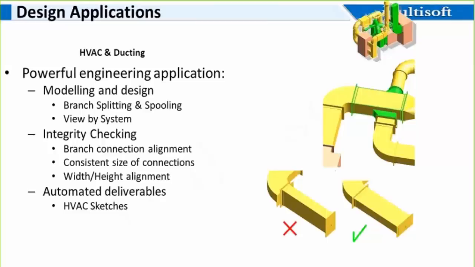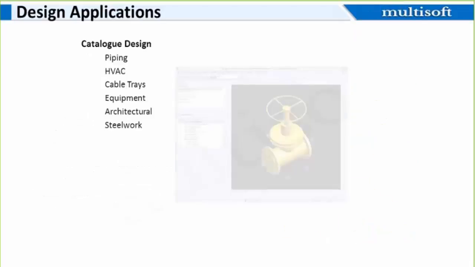This is again catalog driven, and all the catalogs can be modified as per the project standard. HVAC sketches can be extracted once modeled. Integrity checking can be done for the alignments and proper connections and all. And again, we can define the complete HVAC route, similar to piping and other modeling activities.